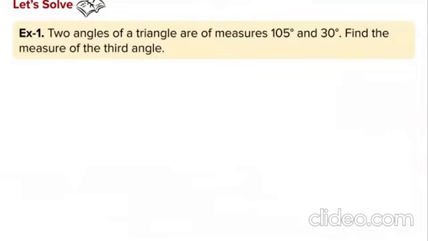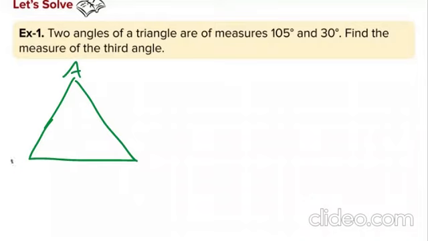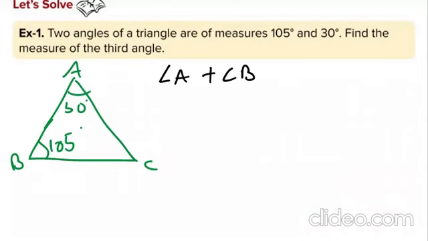The question is, two angles of a triangle are of measures 105 and 30. Find the measure of the third angle. So, as per the question, we have a triangle, let us say ABC. Two angles are given, 105 and 30. We have to find the third angle. We know, as per the angle sum property, angle A plus angle B plus angle C should give me 180 degrees.